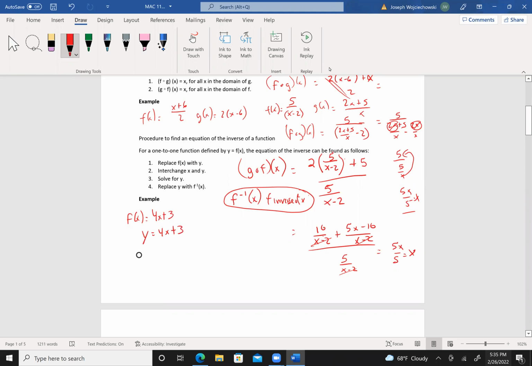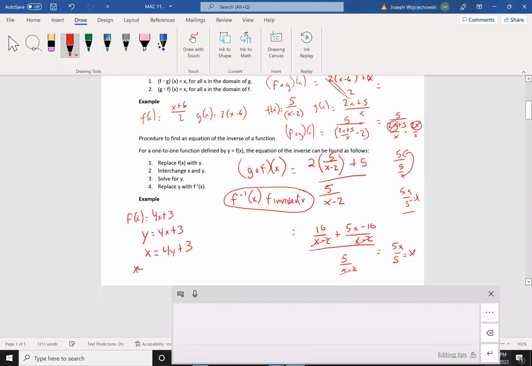Second step, interchange x and y: x equals 4y plus 3. Then solve for y, so x minus 3 equals 4y. x minus 3 divided by 4 equals y. Then, don't forget, f inverse of x equals x minus 3 over 4.